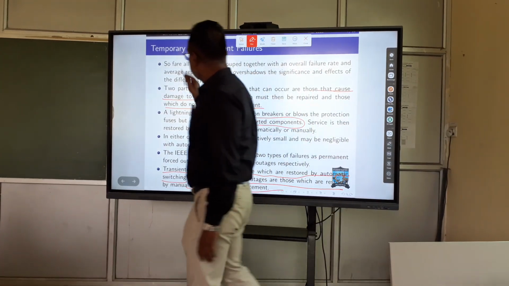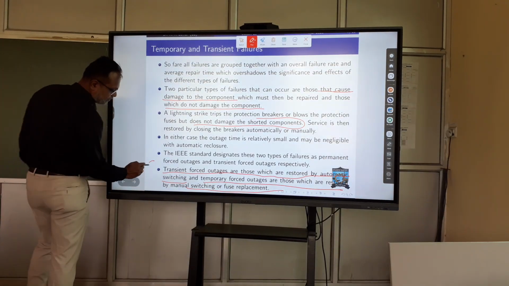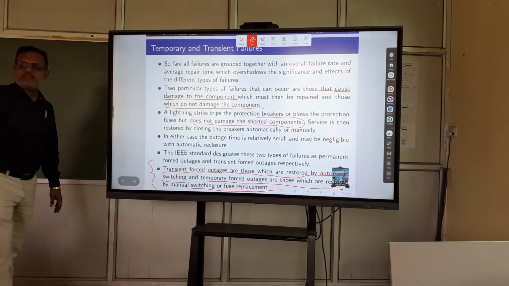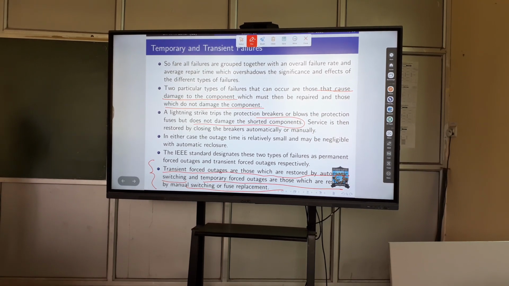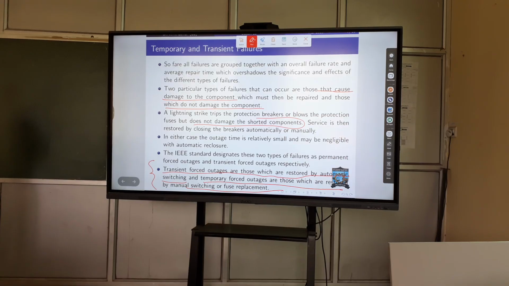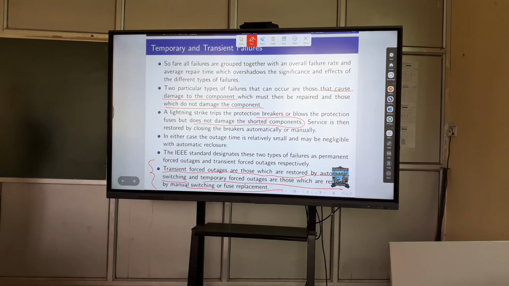So write down this. Just mention this point. So what is the difference between temporary and transient failures? This is the last line you write.